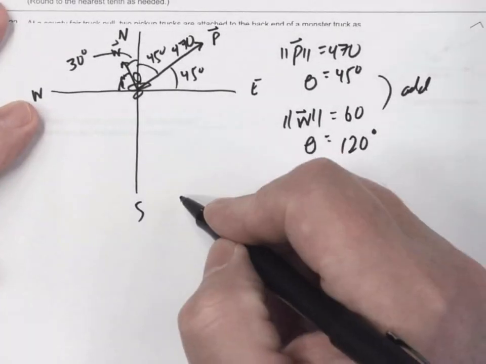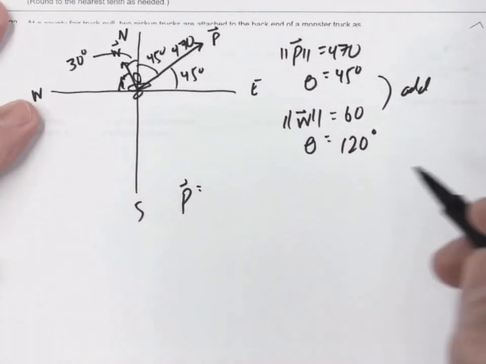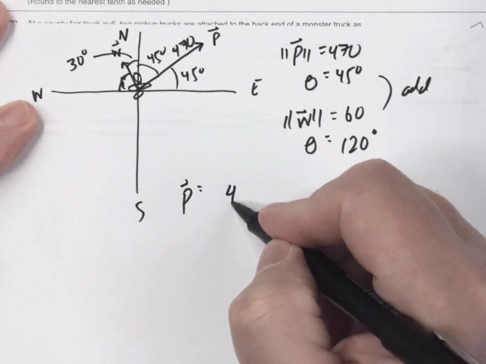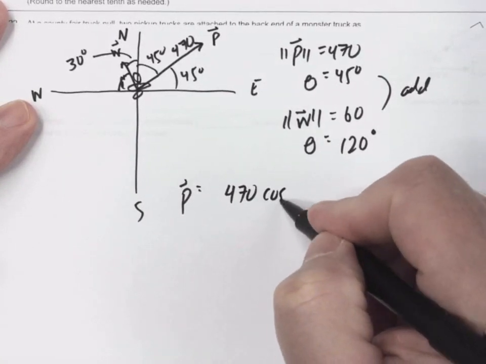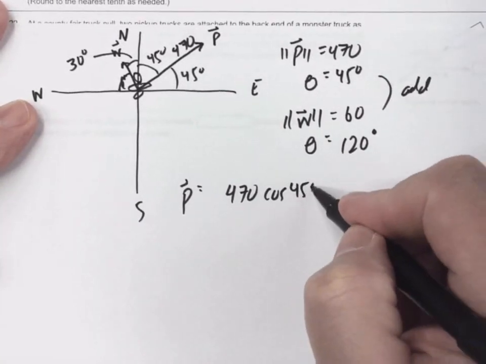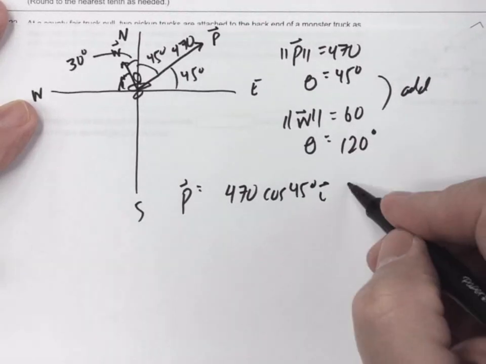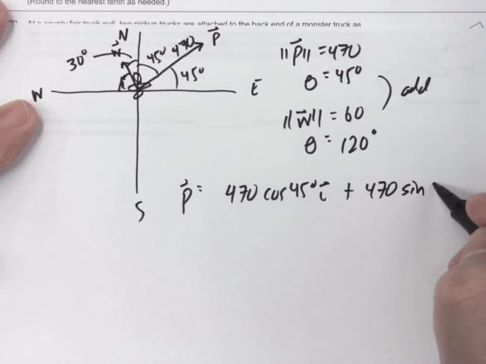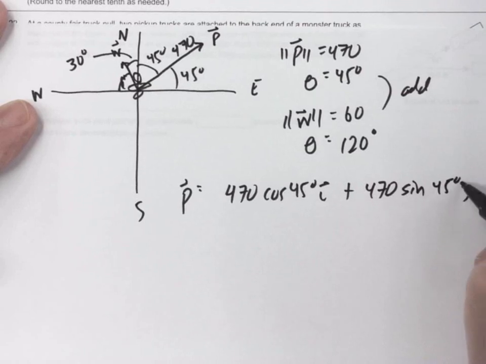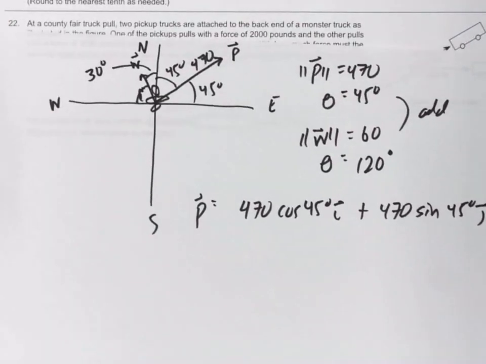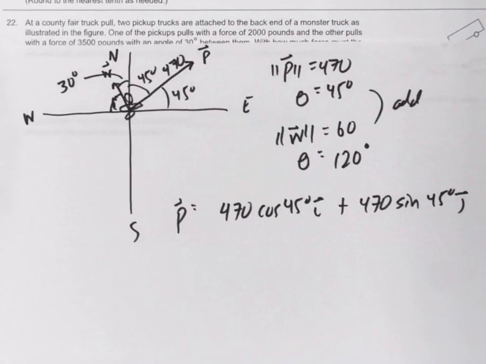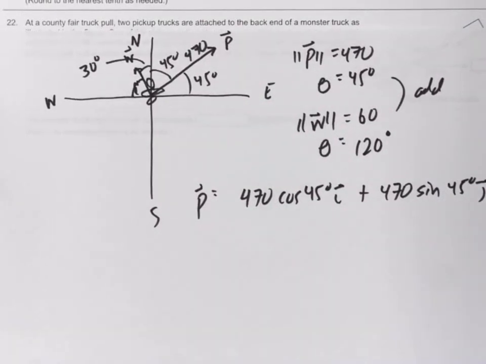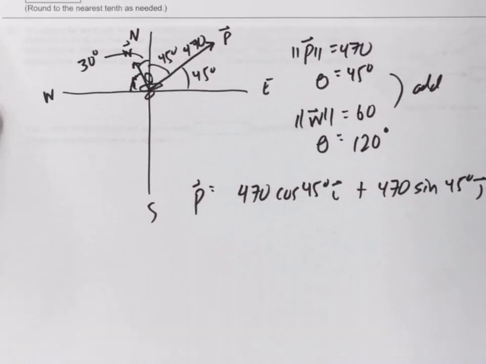So for the plane, magnitude times the cosine of the angle, 45 degrees, that's the I part, plus 470 times the sine of the angle. And here they don't ask for an exact answer, so I'm going to start using my calculator pretty soon.